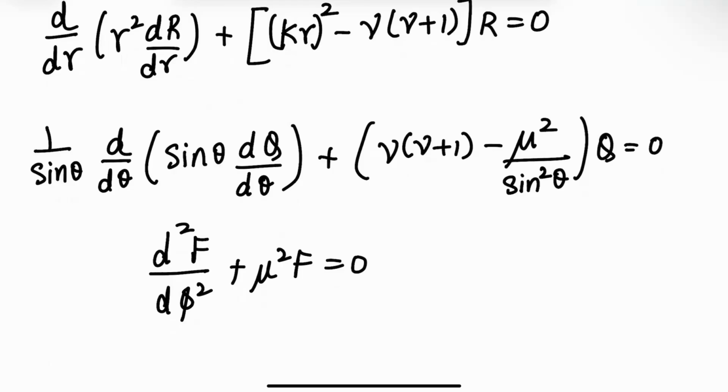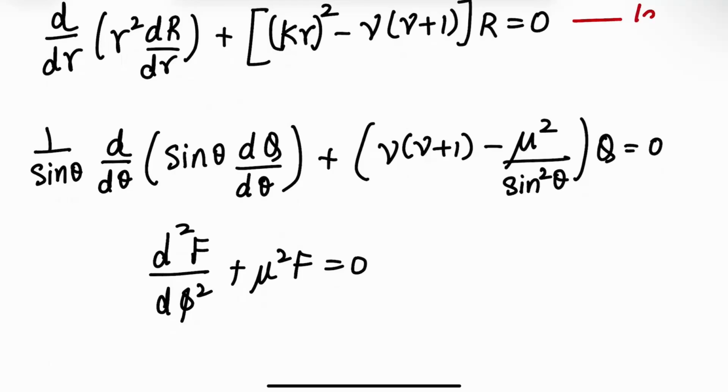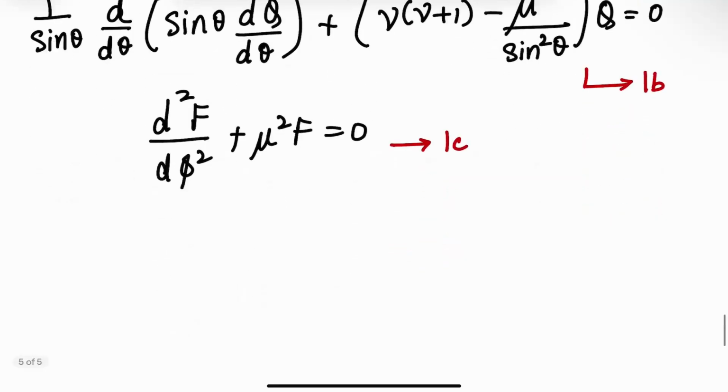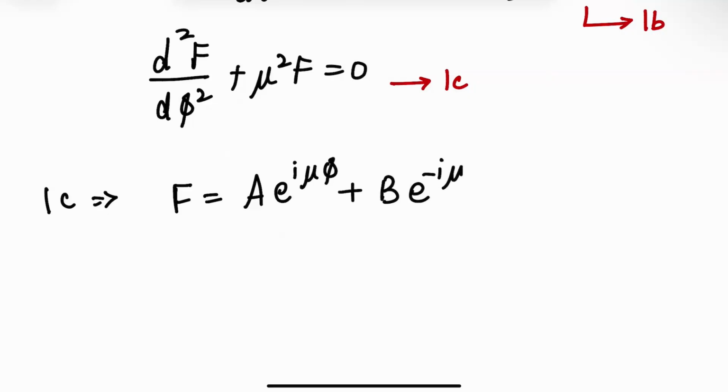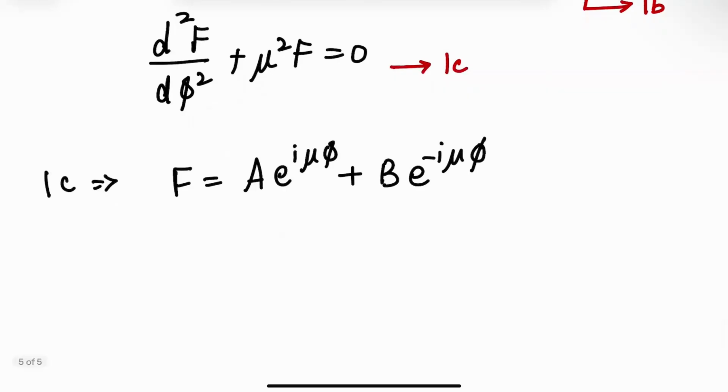So I'll label these. We'll call this 1a, this is 1b, and this is 1c. Okay, so 1c is somewhat easy, right? 1c implies that F must be some combination of complex exponentials, or you can even use cosine and sine, doesn't matter, but we'll stick to this for now.